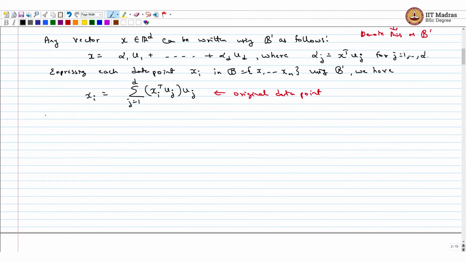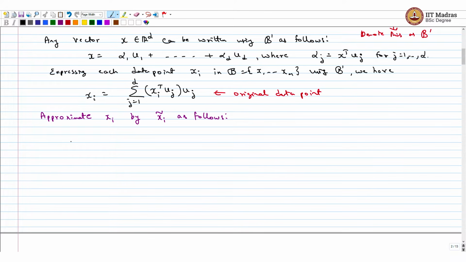So we want to approximate xi by xi tilde as follows. So how do you do this?